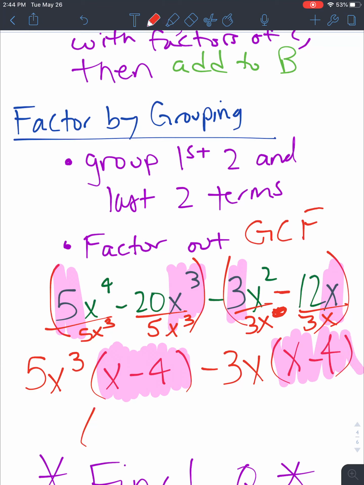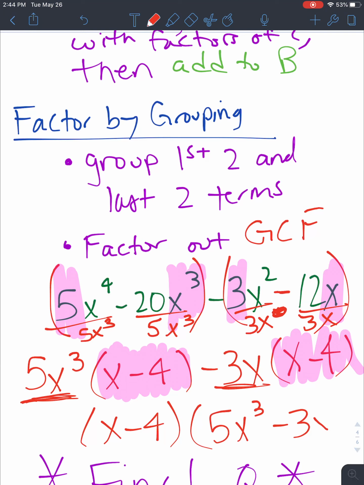Our first group is x minus 4, and then our second group is what makes up our outside pieces, that 5x cubed and that negative 3x. In this case, this one can simplify down more, so you could factor out your greatest common factor, which 3 and 5 are both prime numbers, so you won't be able to pull out any numbers, but you should be able to pull out some x's.